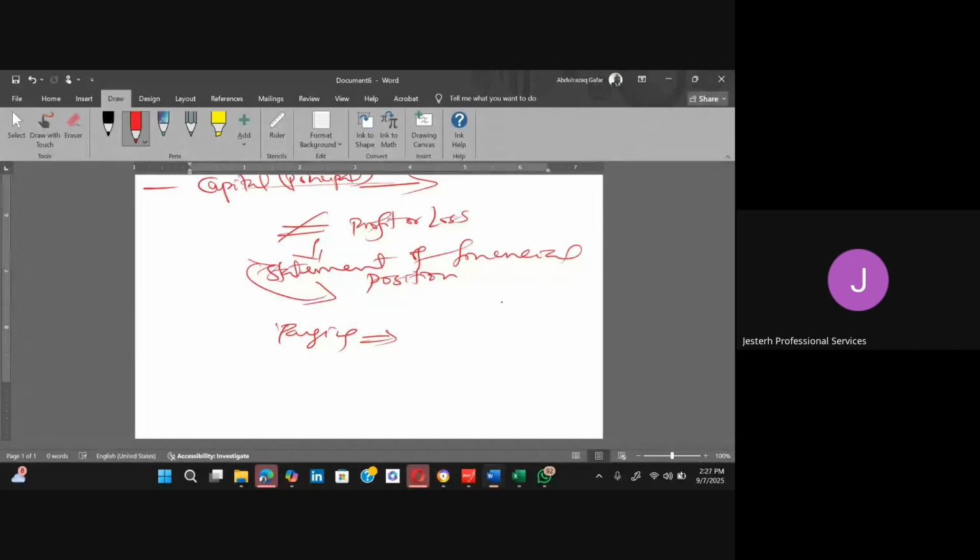So if a company is making payment for dividend, if you want to deduct your dividend, where do we take it to? Please, I need an answer. If anytime a company wants to deduct a dividend from its profits, where do we take it to? Other comprehensive income. No.